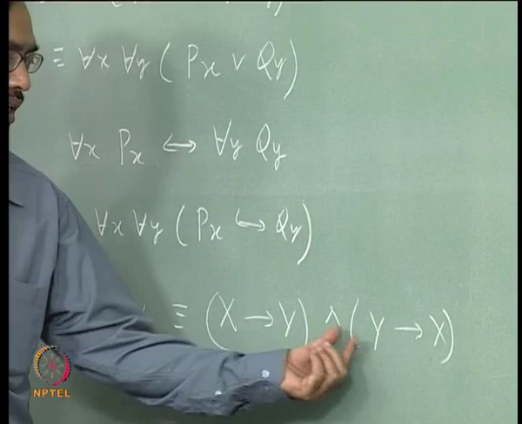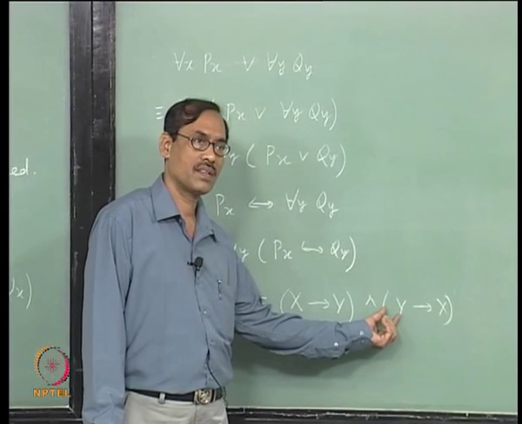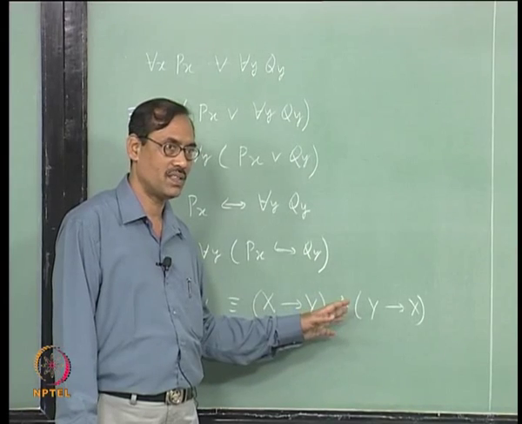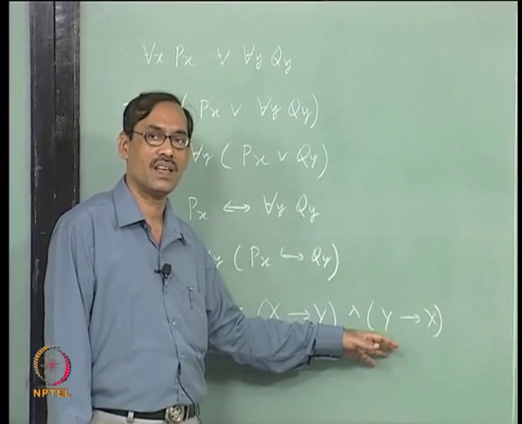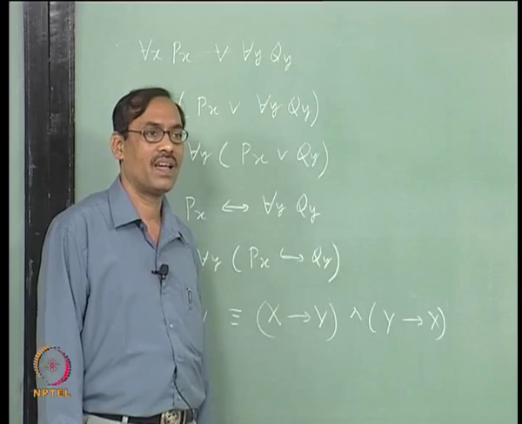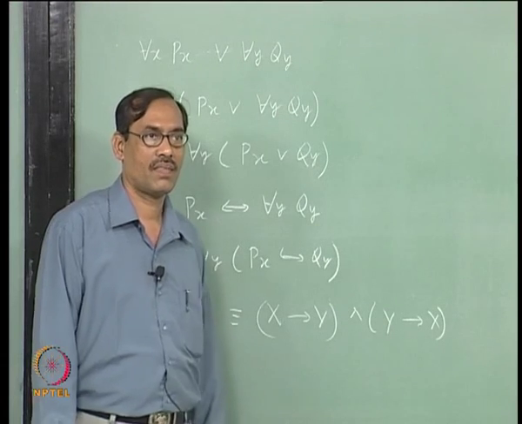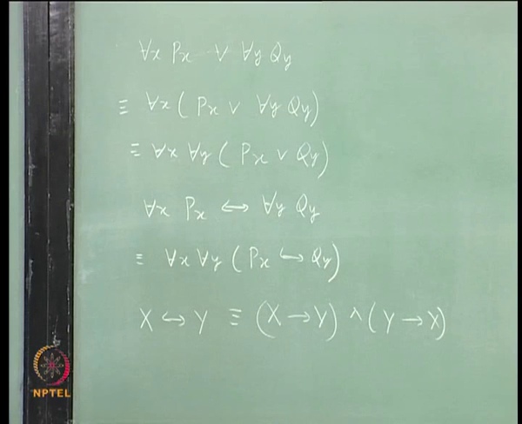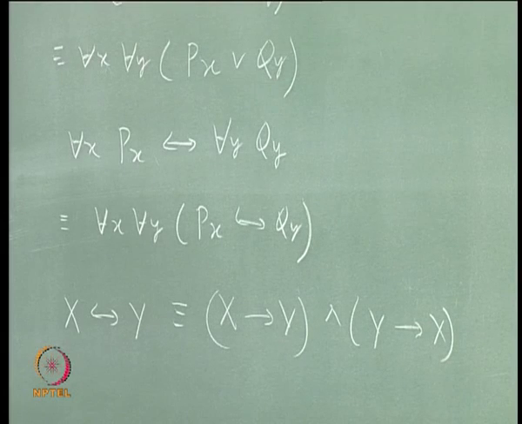Now, this biconditional with the quantifiers cannot be pulled as it is, because the formula that results need not be rectified, right. It might require again another renaming, that is possible. So, what we do is, before rectification, eliminate this and then rectify, right, that is possible.